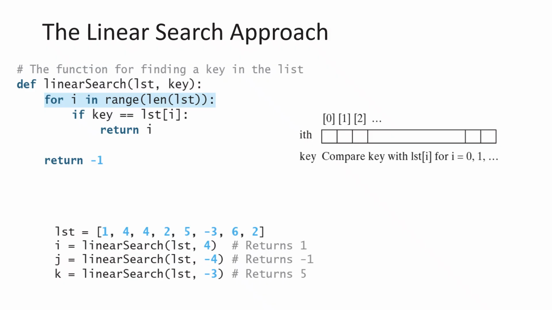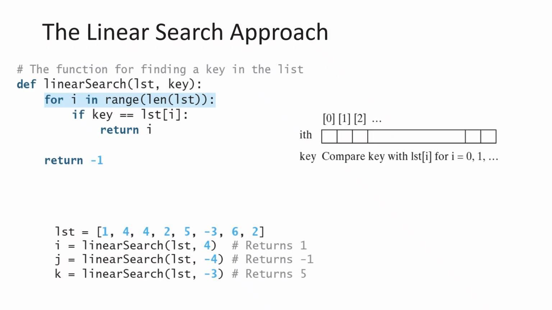It takes two arguments: one is the list, the second one is the key. for i in range(len(list)): if key == list[i]: return i. Otherwise return -1. So at the ith position, compare key with list[i] for i equal to 0, 1, 2. So it takes the index from i of 0, 1, 2 and so on.